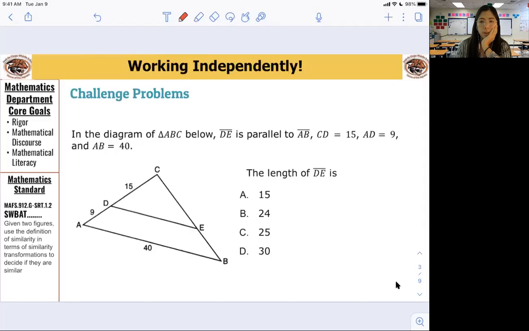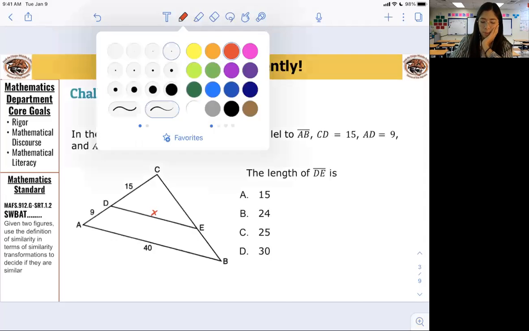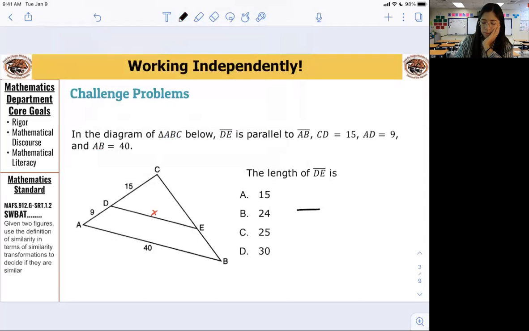Get our proportions. Okay, so I'm looking for DE. So I'm going to call that one X. Let's see. Tyrone, start me off with one side of my proportion. DE over AB. Perfect.